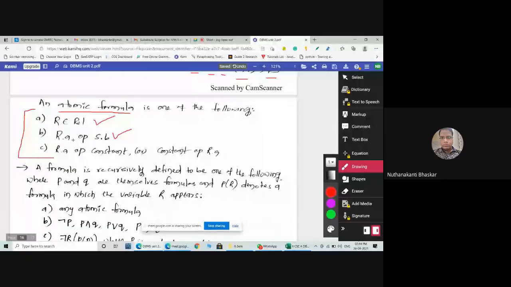The next atomic formula is R.A op S.B, tuple dot attribute, where op can be any comparison operator: less than, greater than, equal to, less than or equal to, greater than or equal to, not equal to.